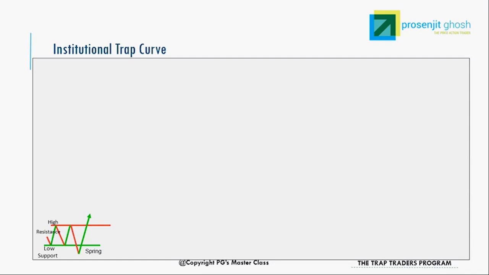This small fake out in the price, where price tried to go down further but failed, and something pushed the price up, and because of that pressure the resistance got engulfed. When that happens, we call this fake out a spring.